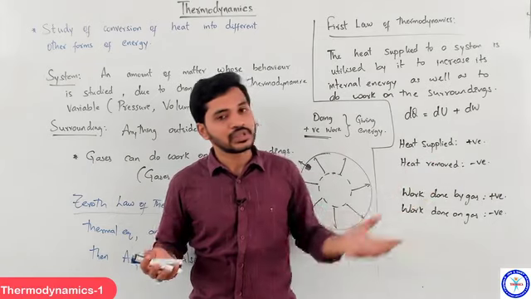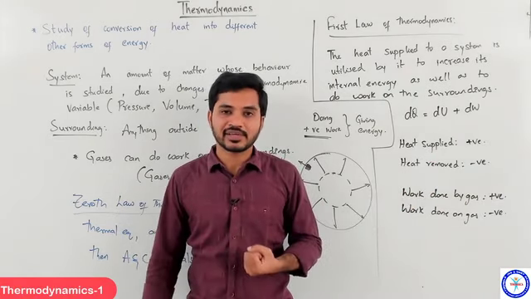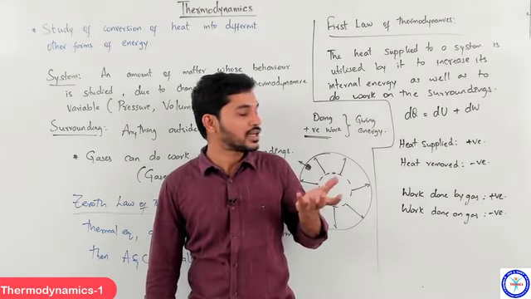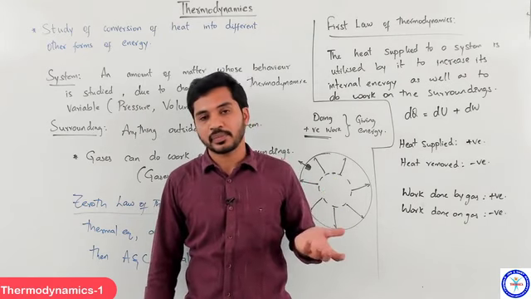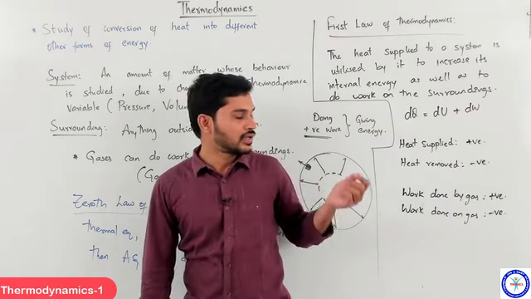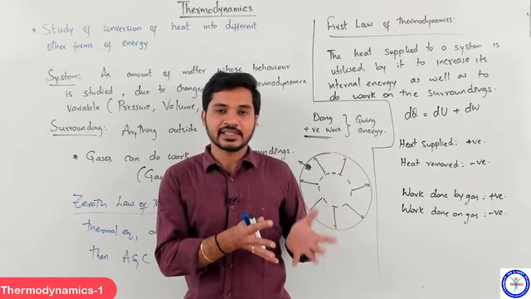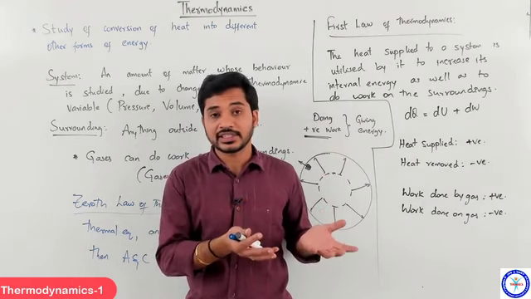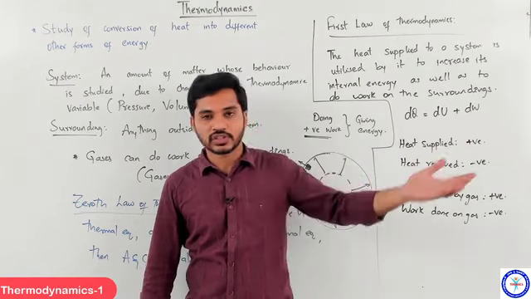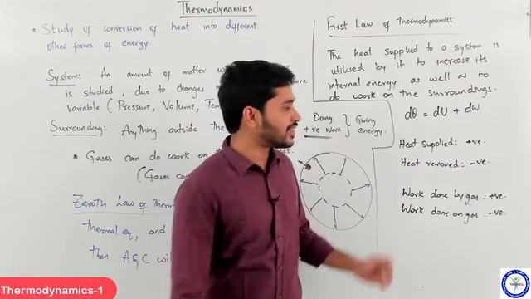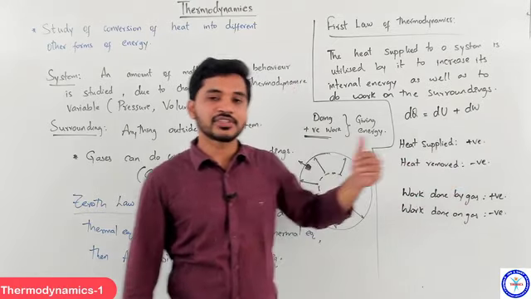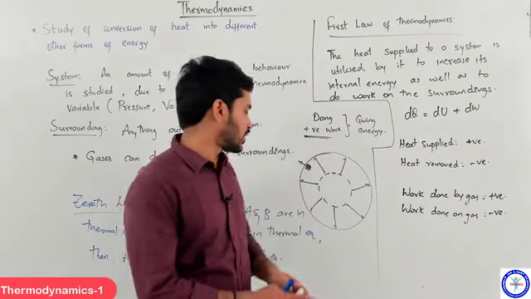Clear? Similarly, out of that energy, it utilizes some energy to increase its own internal energy. Whatever increase in internal energy is happening, that is positive, and the remaining positive energy that it has can be utilized to do work, which means giving some energy to the surroundings. Clear? Whenever it gives energy to the surroundings, it means it is doing positive work. You know that already, right?